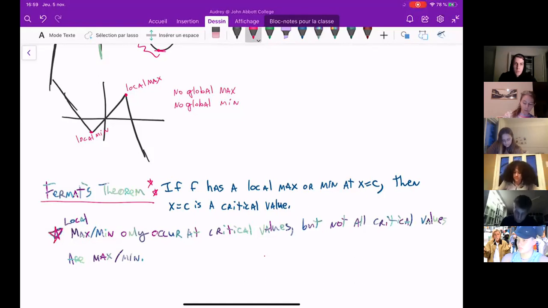For example, do you think that a max or a min could occur at a vertical asymptote? No. Max and min do not occur at vertical asymptotes.